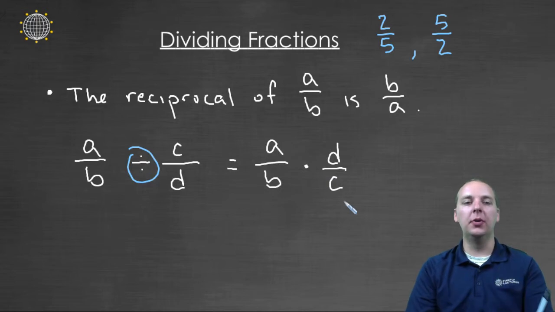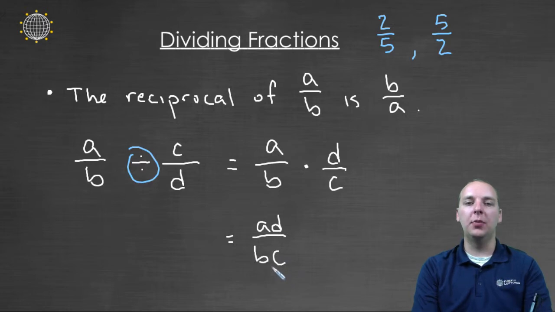In short, you change the division symbol to multiplication, and you take the reciprocal of the second fraction, the divisor. And we're very good at multiplying two fractions, so we just proceed to the finish line.